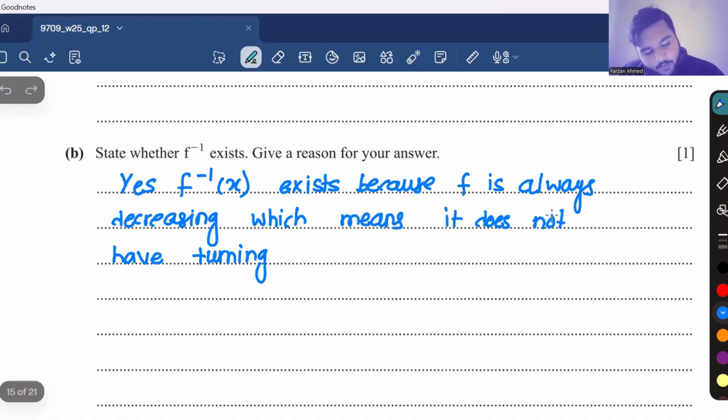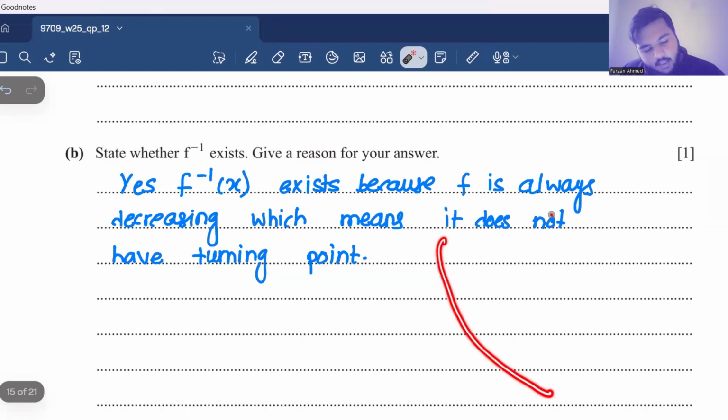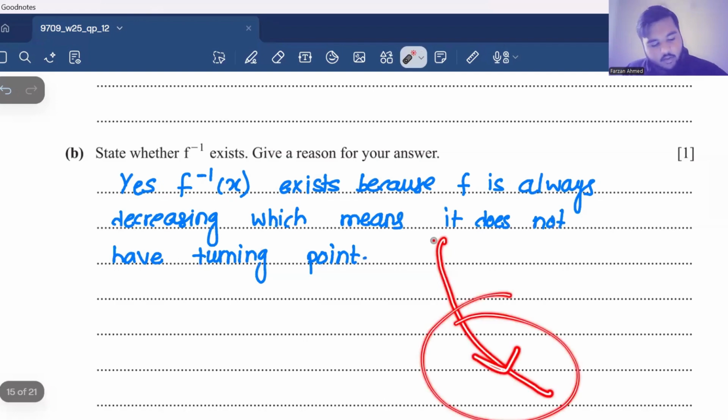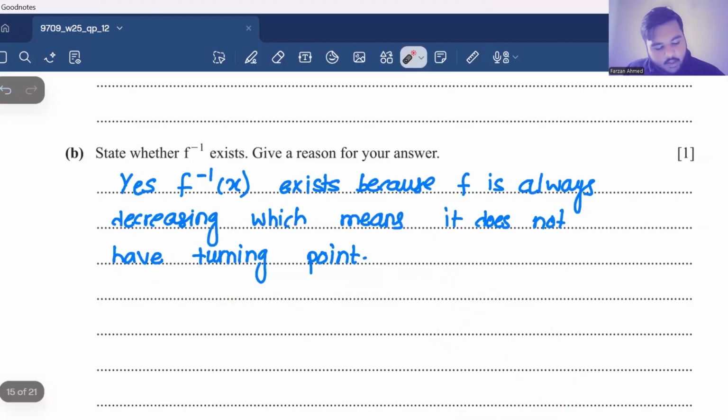When something is decreasing like this, there is no turning point. If it were to increase as well, it would have a turning point. So I think this part will be clear.